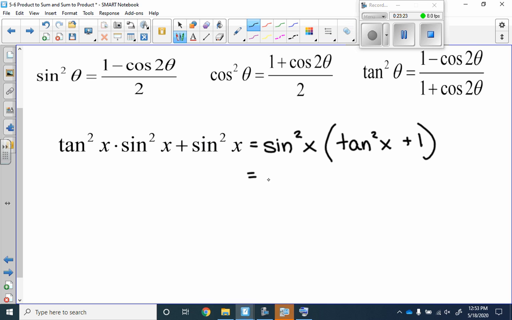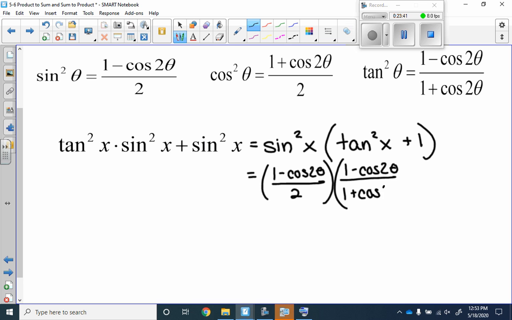So now I have 1 minus cosine 2 theta divided by 2 times tangent squared, so 1 minus cosine 2 theta divided by 1 plus cosine of 2 theta, plus 1.